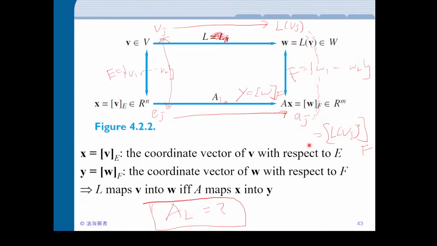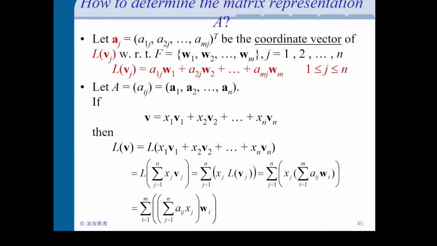So we already have A_j equal to the coordinate vector of L of V_j with respect to F. And so L of V_j will equal this linear combination of basis vectors of W, of F.